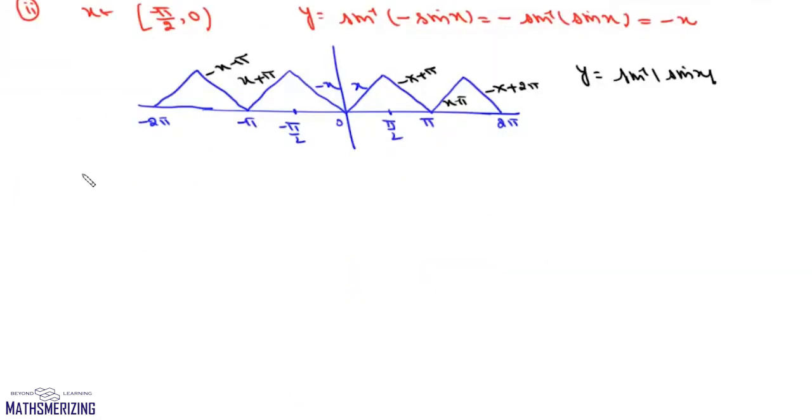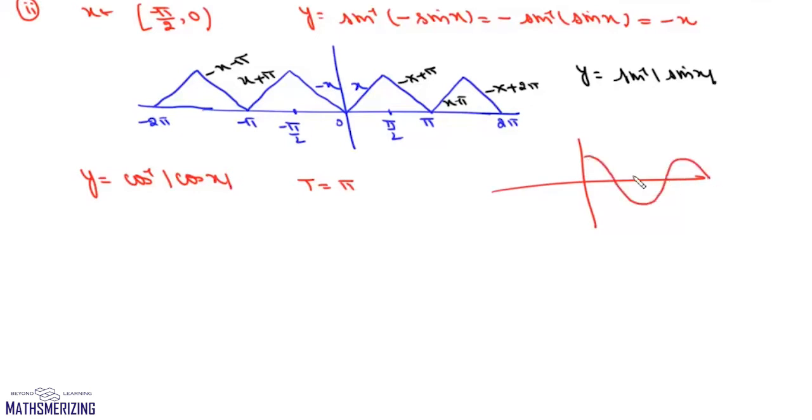Now we look at the graph of y equals cos inverse of mod cos x. Now again, cos inverse of mod cos x will have fundamental period of pi. Now we look at the graph of cos x and mod cos x.